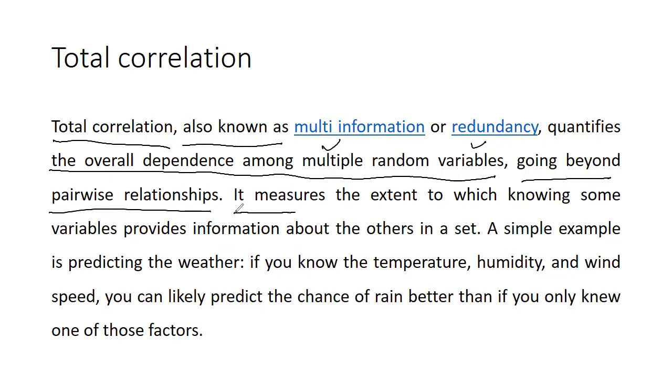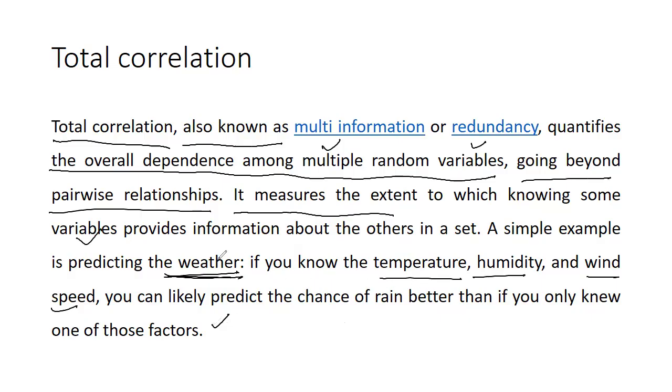It measures the extent to which knowing some variables provides information about the others in a set. Through this example of predicting the weather, we can understand it. If you know the temperature, humidity, and wind speed, you can likely predict the chance of rain better than if you only know one of these factors.